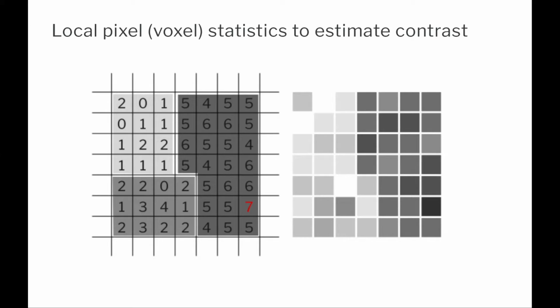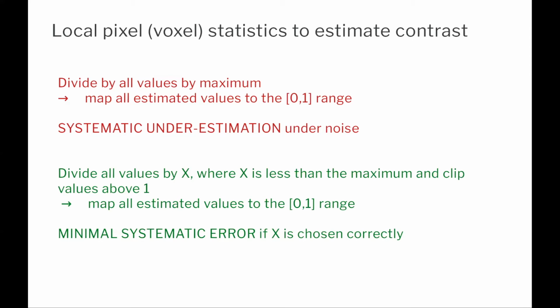So in order to fix this in the simplest way possible, we want to avoid the systematic underestimation. To normalize, instead of dividing through by the maximum value, we divide through by a value x. Then we find a systematic procedure of determining what that value should be, such that we don't get any systematic error.